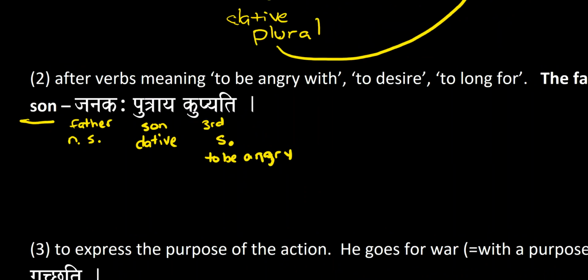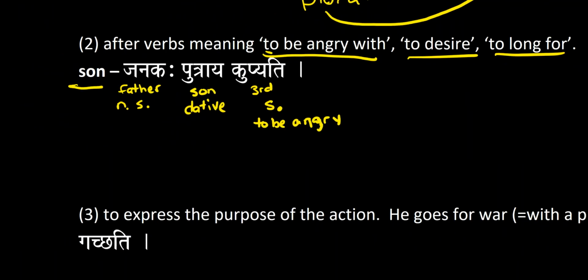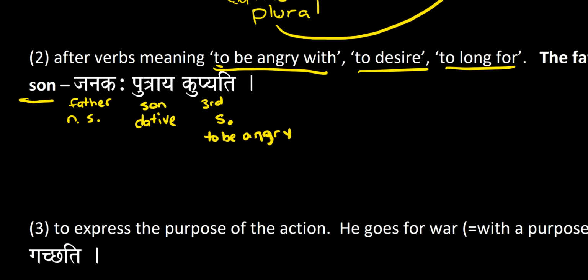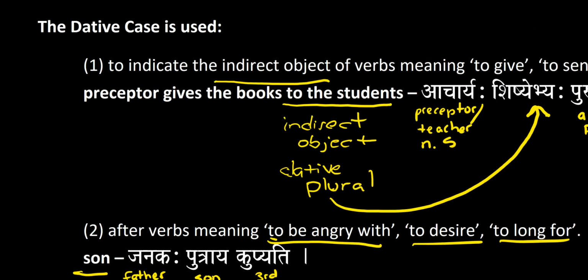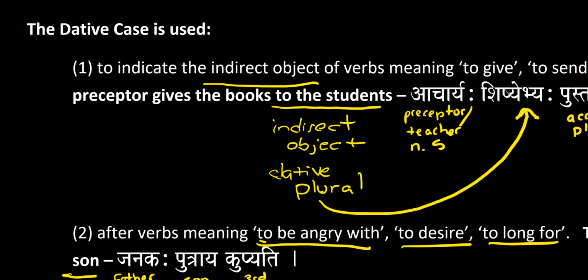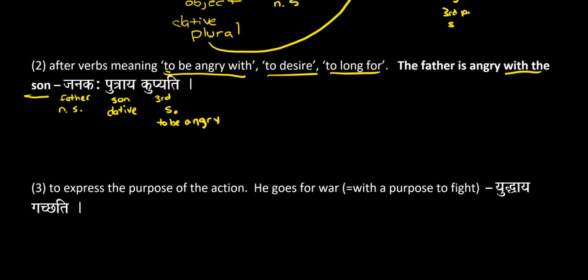Again, the dative case is used for to be angry with, to desire, and to long for. In any other case, if you're saying with the son, it should be the instrumental case. That's why it's important to go over the dative case and the instrumental case to know when it's appropriate to use which case. Now, moving on to the next.